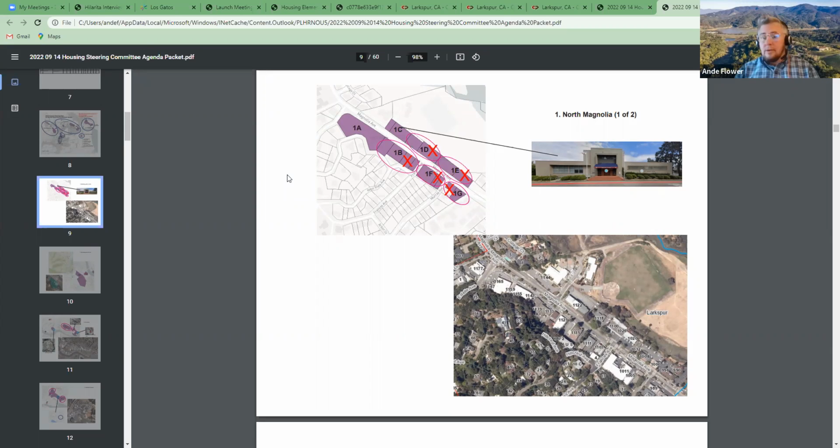So we can also, I'm sorry, go ahead. Go ahead. Oh, we can also include it as a program to join some of their master plan conversations, or to at least make sure that they're aware of the welcomeness that the city would have for housing to be built at this site and incorporated in the master plan. Yeah.